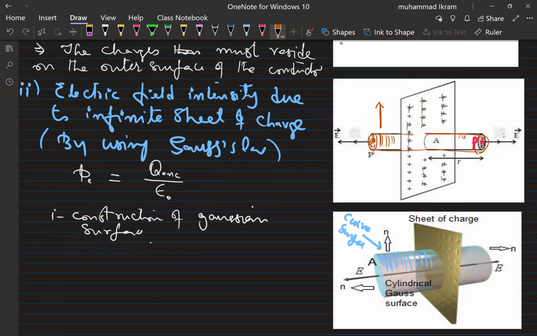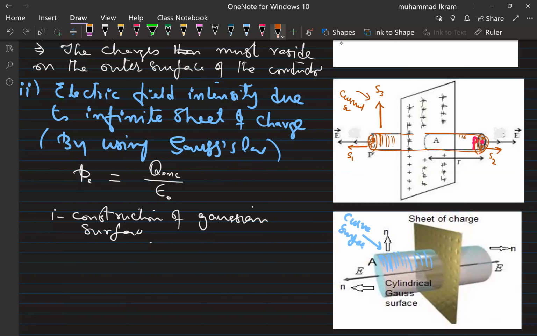So how many surfaces do I have? This surface I call surface S1, this surface I call surface S2, and the surface S3 is the curved surface.